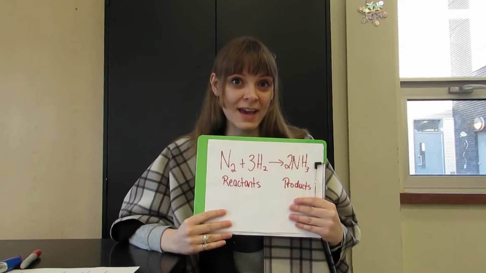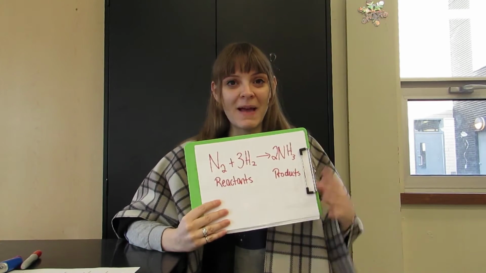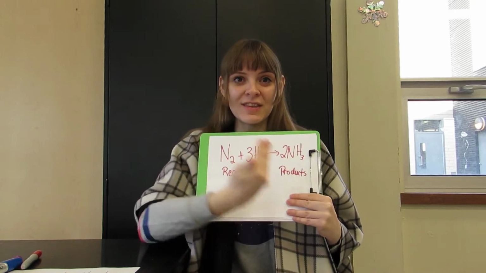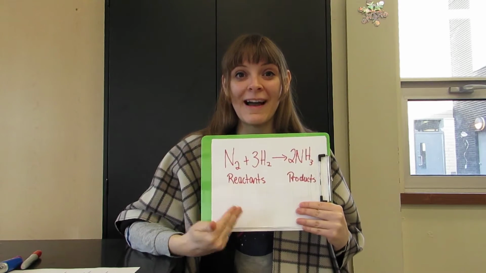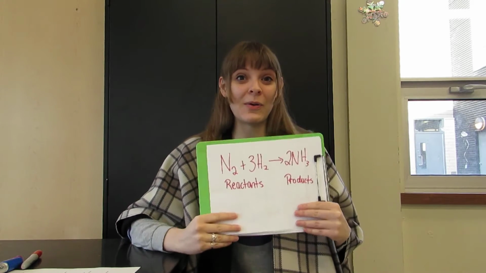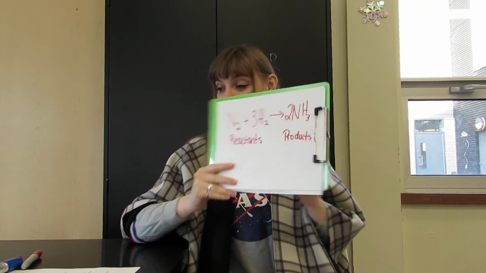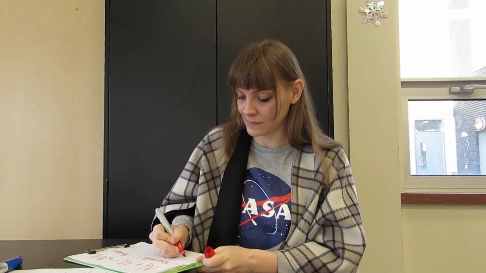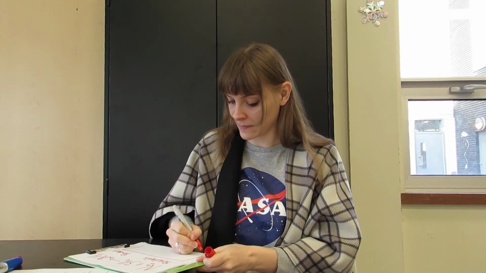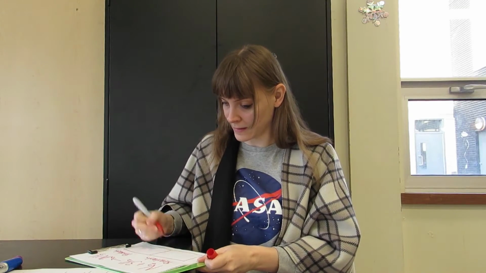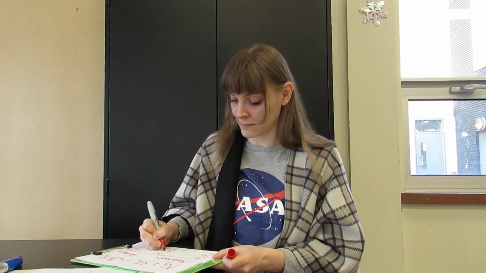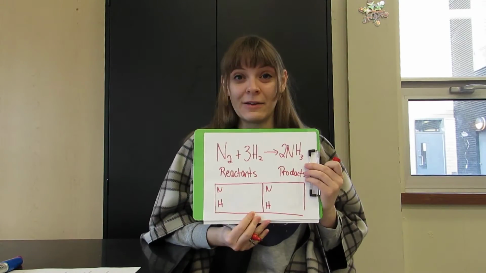Let's go ahead and check to see if this equation is balanced. When we mean that it's balanced, we mean that each side has the same number of atoms. So we're going to make a little table here. And we're going to go ahead and put in nitrogen and hydrogen on both sides. Like so.